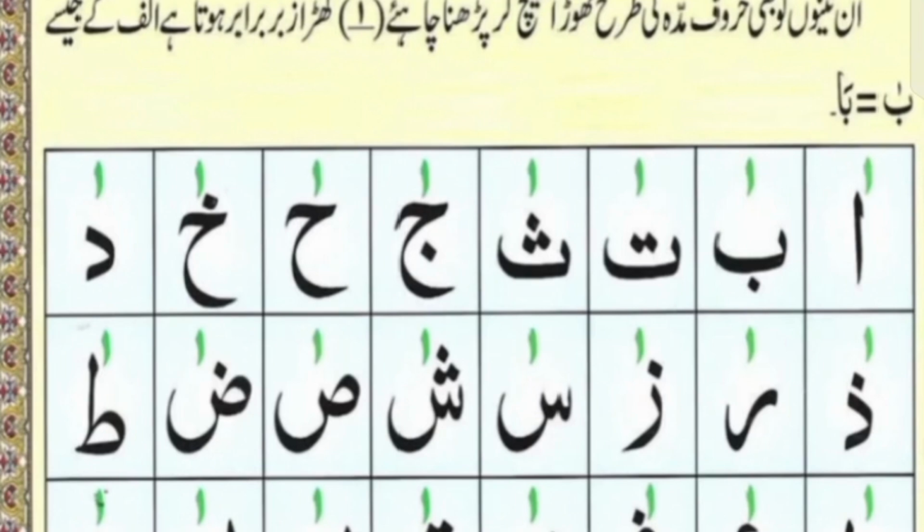Next is Zal standing Fatha Za. Ra standing Fatha Ra. Za standing Fatha Za. Sin standing Fatha Sa.